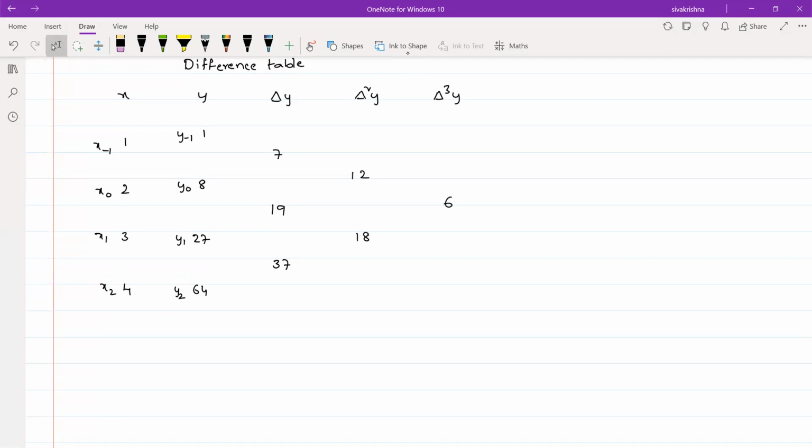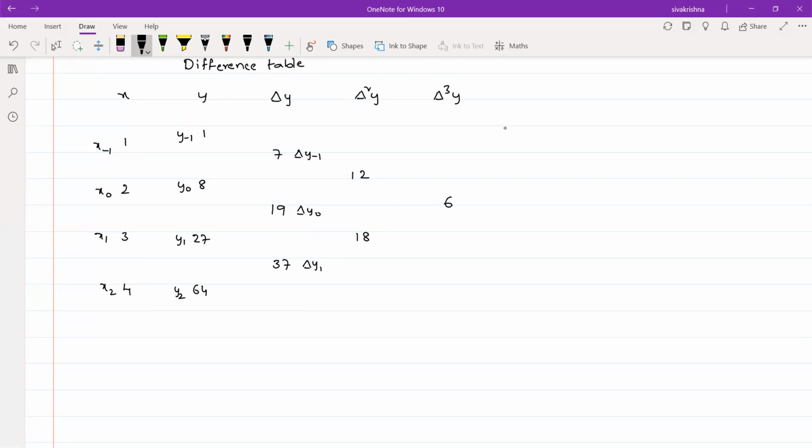Coming to the first differences, this 7 can be treated as delta y suffix minus 1, 19 as delta y naught, and 37 as delta y1. Since the first value of y is y suffix minus 1, the first value in the first differences should be delta y suffix minus 1.